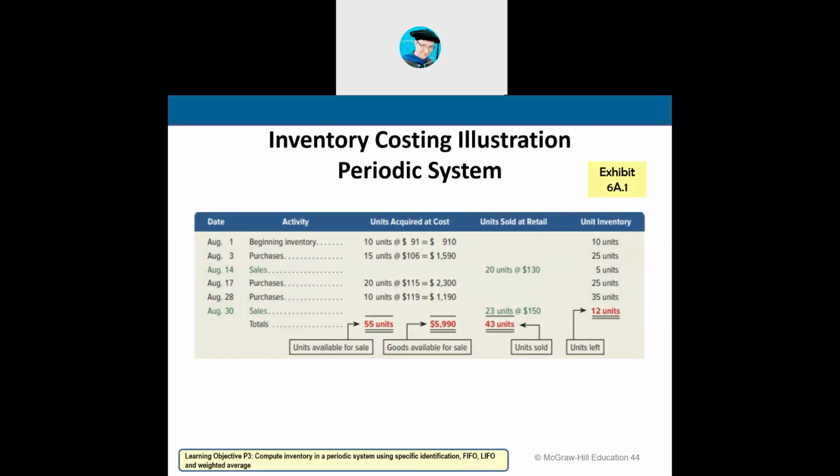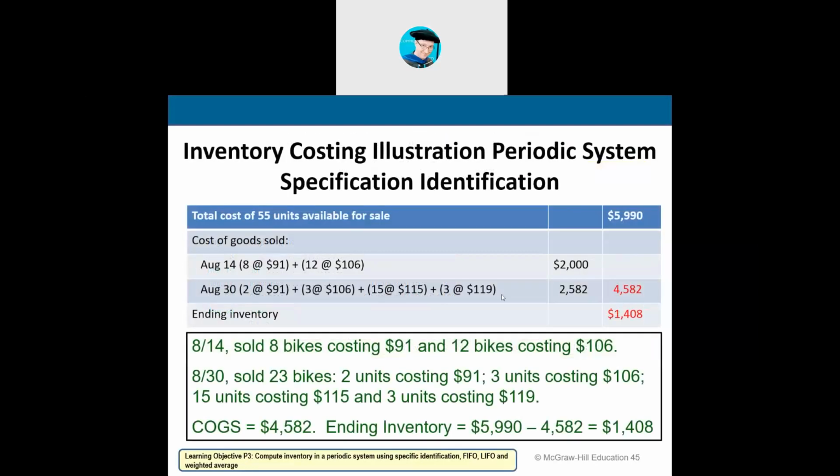We see the impact of using the periodic inventory system when we use something like the specific identification, the first in, first out, last in, first out, and the weighted average. It's very similar in nature. The difference here is when we're allocating the inventory that we have available for sale.